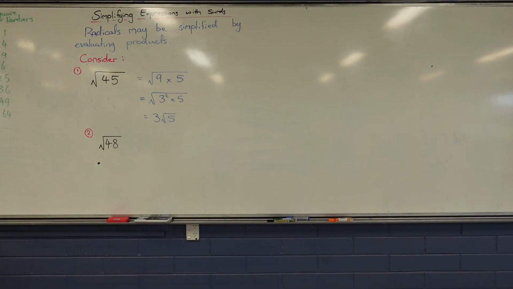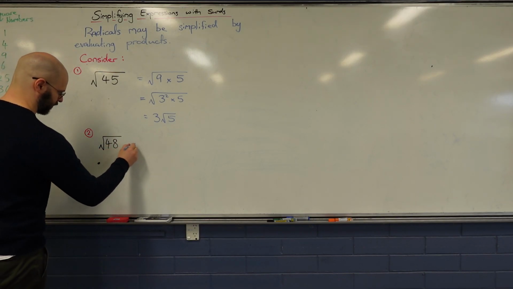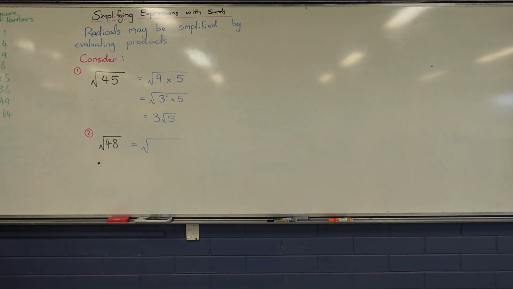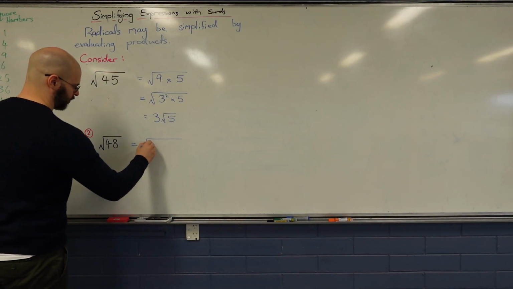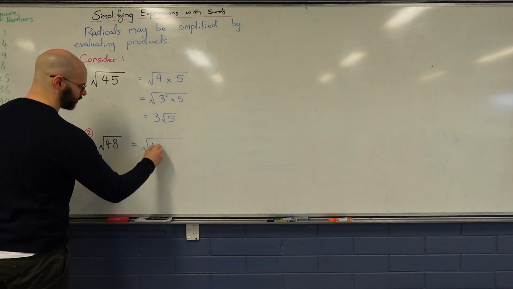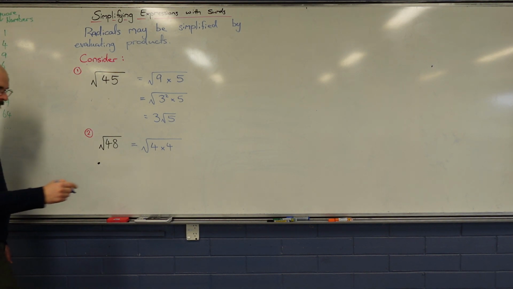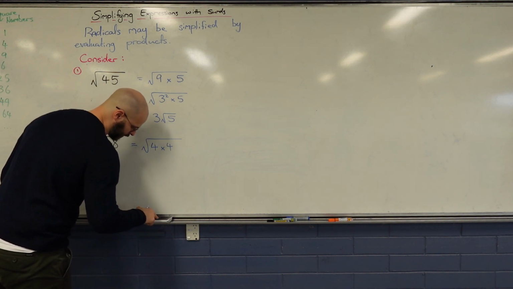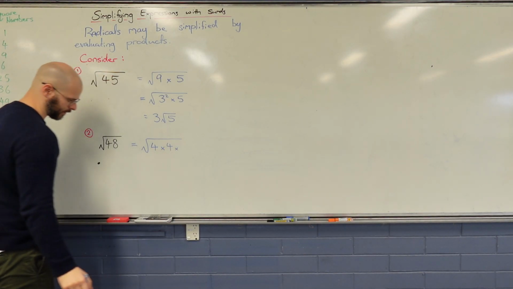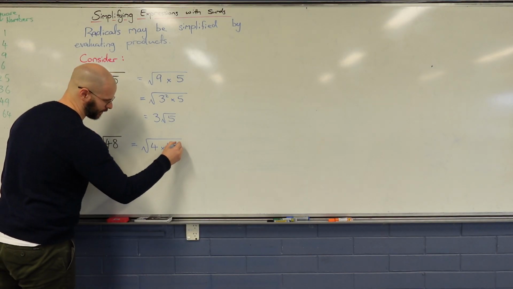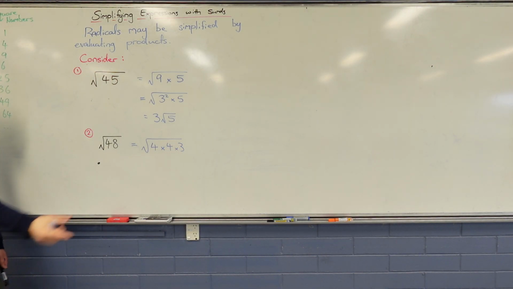And if so, which ones? 4 and 16. We could go 16. I'm just going to choose 4 for this one because it will highlight something else. Are we ready? It's going to be 4 times what? 12. Times 3.